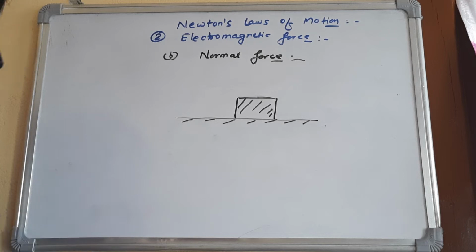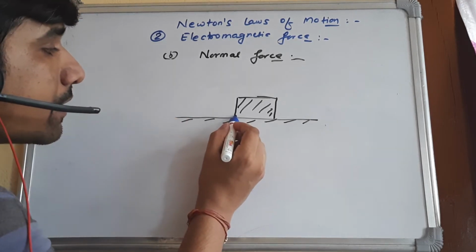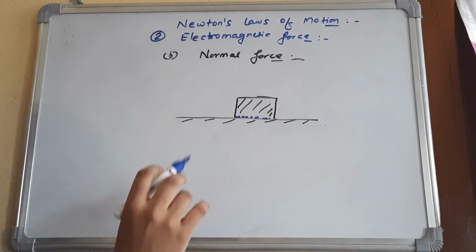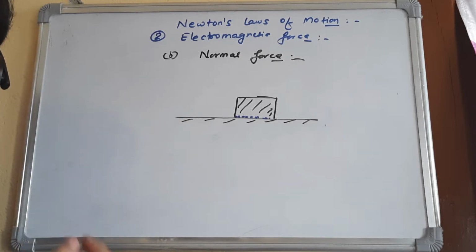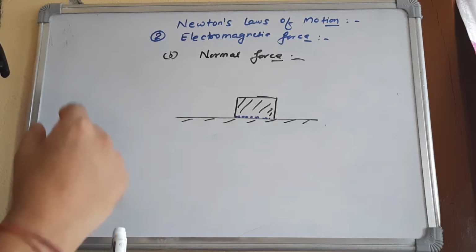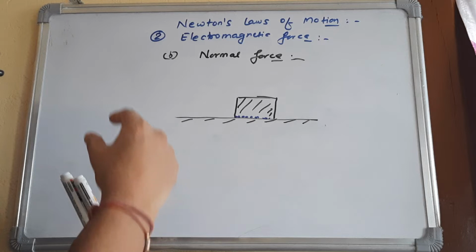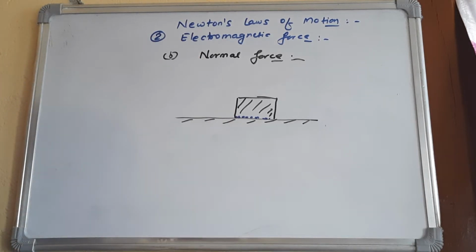We can say that there also exists an electromagnetic force between the electrons or subatomic particles of the block, which are at this lower surface, and also the particles at the surface. So there exists an electromagnetic vibration or force in between those electrons and the nuclei of the surface, which is making this block stable on this surface, right?